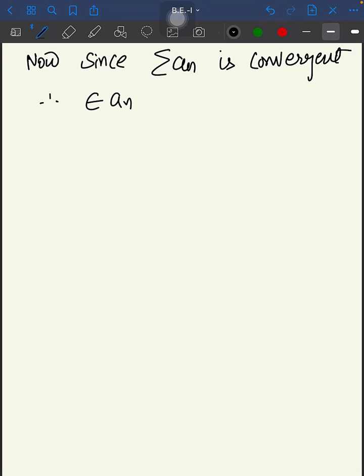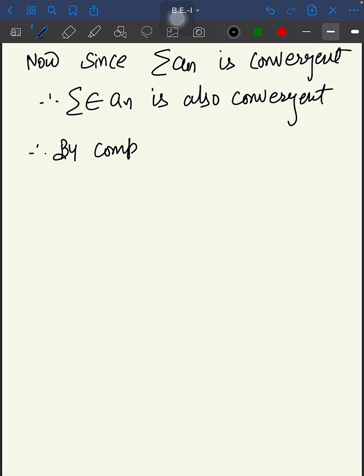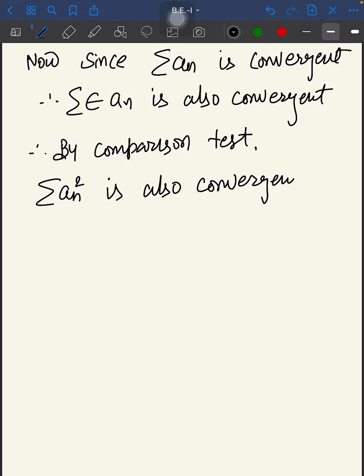Now since summation an is convergent, therefore epsilon times summation an is also convergent. Therefore by comparison test summation an square is also convergent.